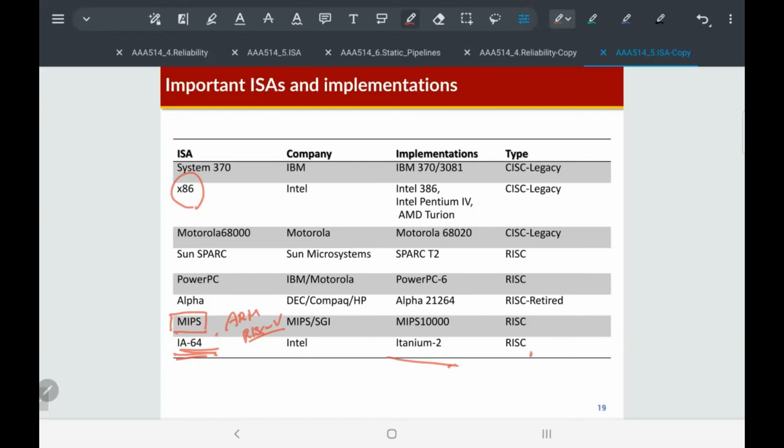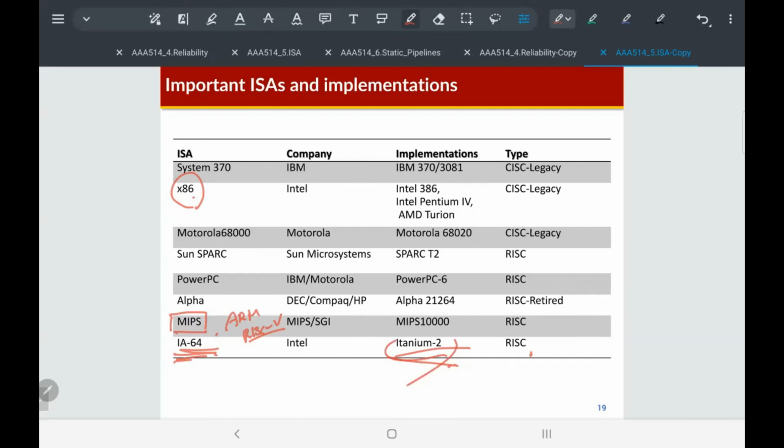it was not widely used. The problem is that this ISA is not compatible with x86. Okay, so it's a very new ISA. It's efficient and very new, but binaries compiled for the x86 ISA cannot be executed on an IA64 CPU like Itanium.